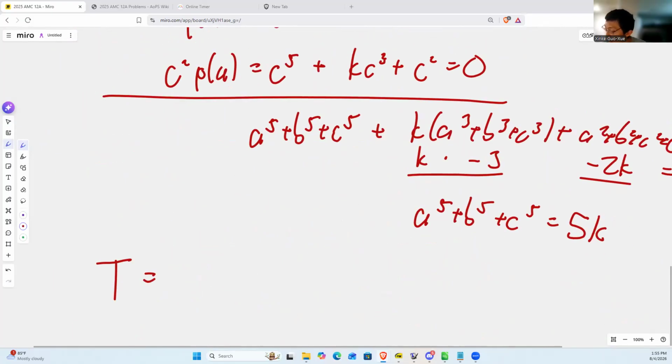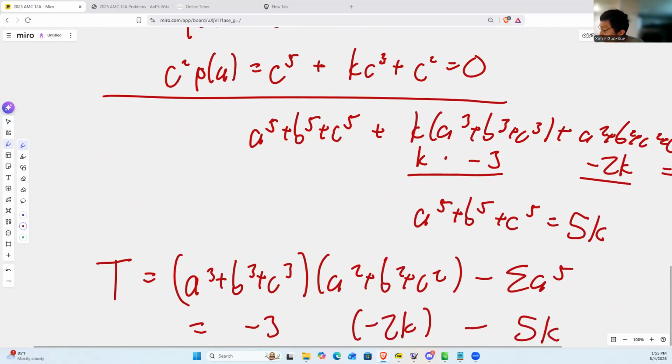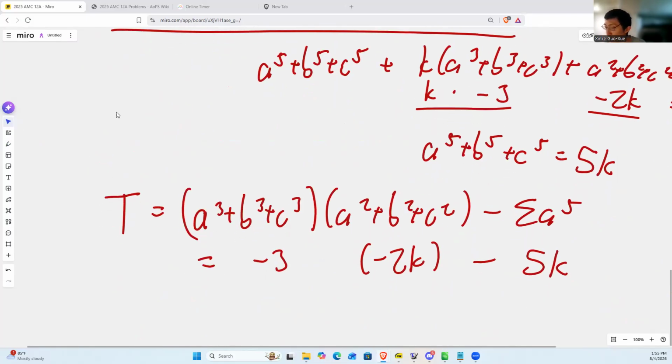T is negative 3 times negative 2k minus 5k. So this is 6k minus 5k, which is just k.